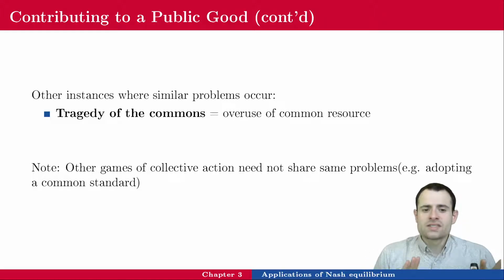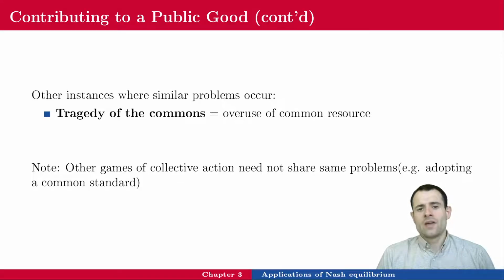There are other instances where similar problems occur. The tragedy of the commons is a very famous problem. It was actually pointed out by the first female economist who got the Nobel Prize in economics, I believe. That consists in overusing common resources. Common resources such as lakes, fields, parks, and so on tend to be overused overall.